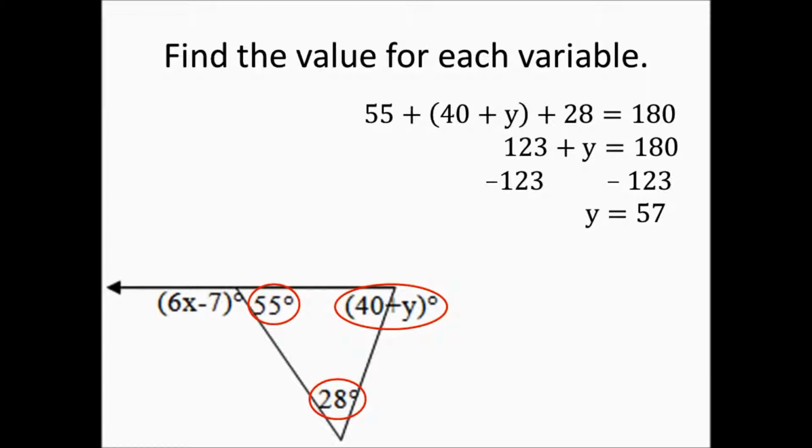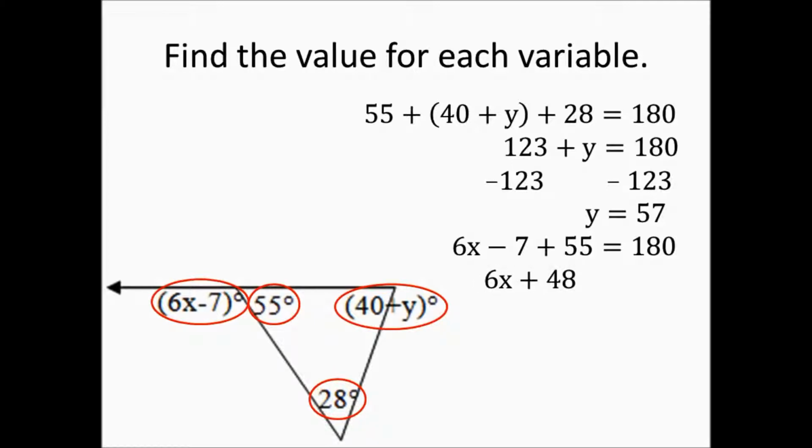Next, we're going to use the definition of a linear pair to find the value of x. We're given the expression of 6x minus 7. So 6x minus 7 plus 55 equals 180. And again, this is due to the definition of a linear pair. 55 minus 7 equals 48.